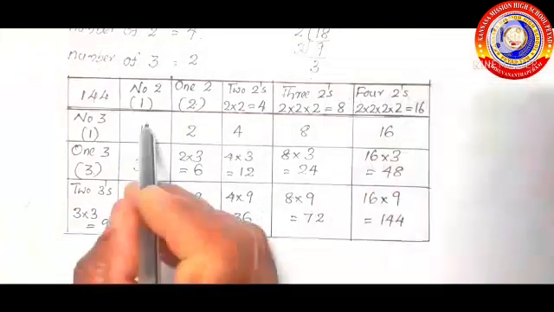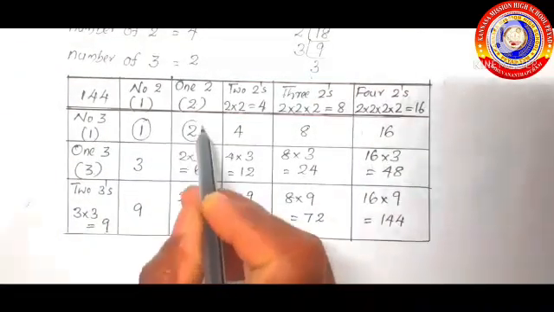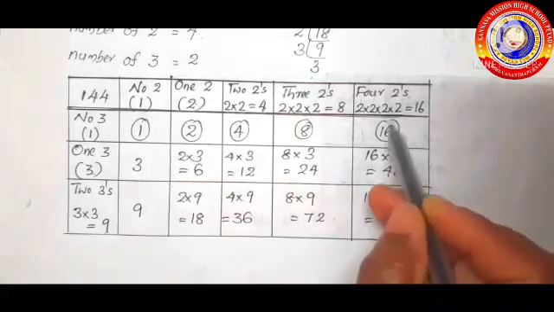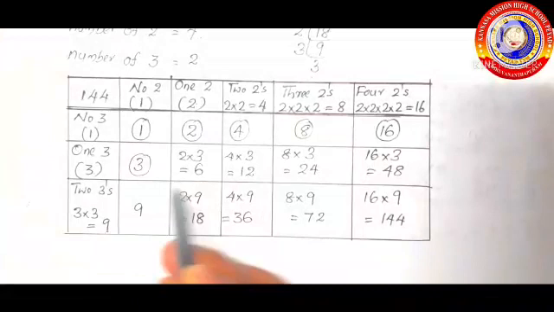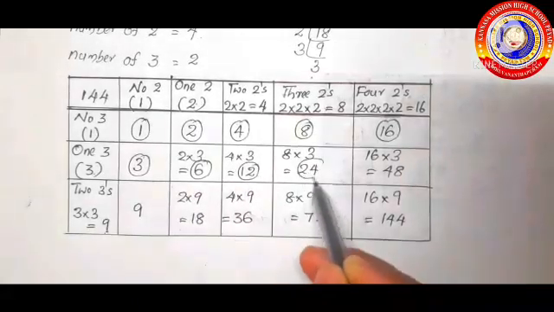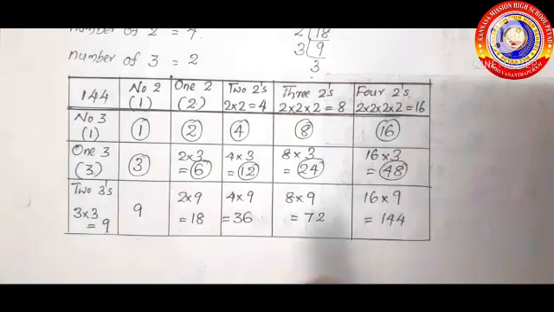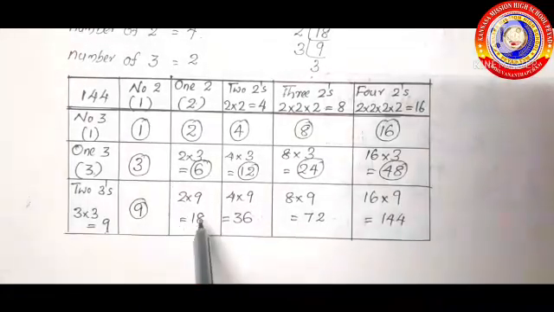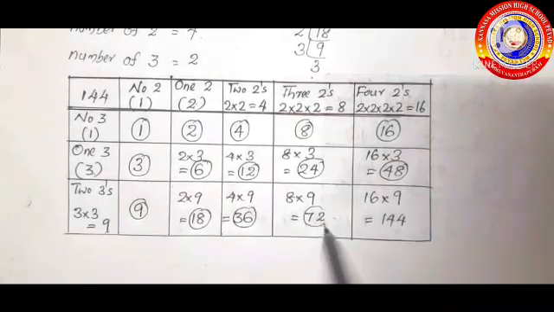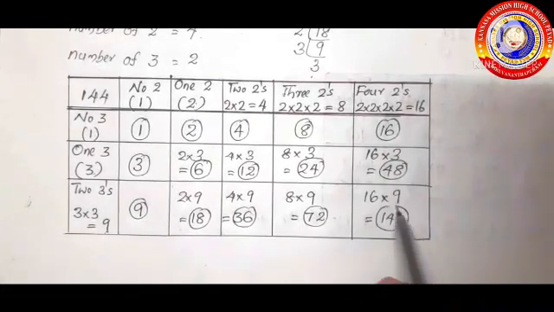So the factors of 144 are 1, 2, 4, 8, 16, 3, 6, 12, 24, 48, 9, 18, 36, 72 and 144.